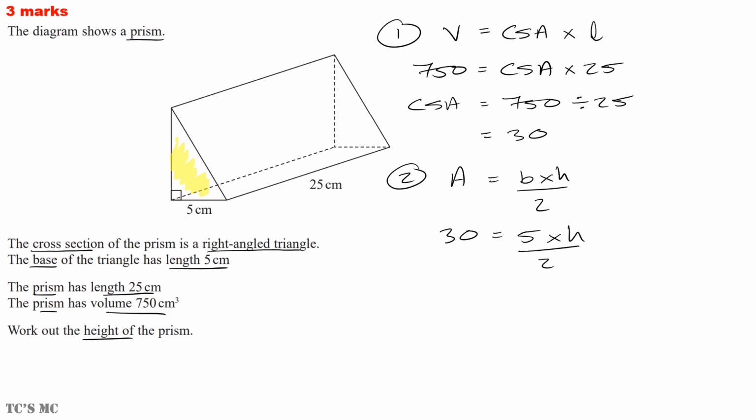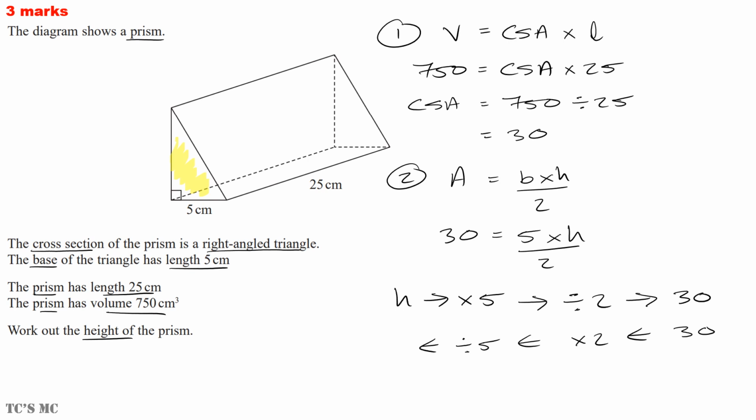To solve that, I am going to use the flowchart method. We have h, we multiply that by 5, then we divide it by 2, and we get 30. To go backwards, we need to do the inverse. We need to multiply by 2, and then divide by 5. For writing this all out, we now have our second mark.